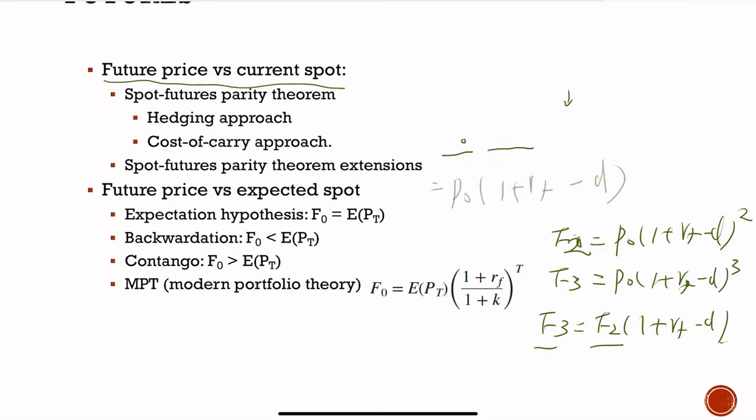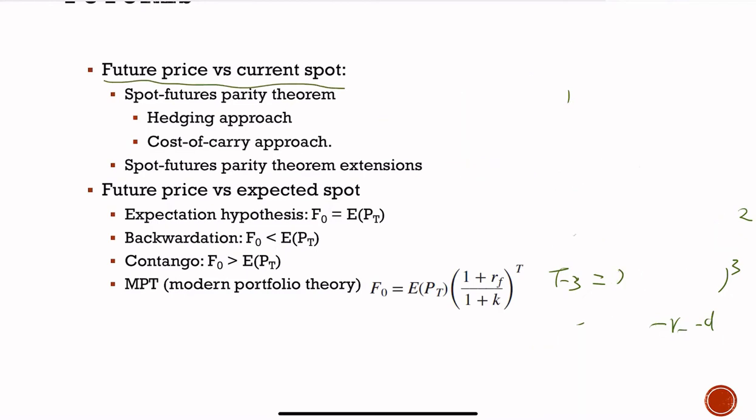And we also talk about how future price and expected spot price are related. So this is about the second result. The first result is about this. The second is about this. There are basically 4 hypotheses to tell us how future price and expected spot price are related.